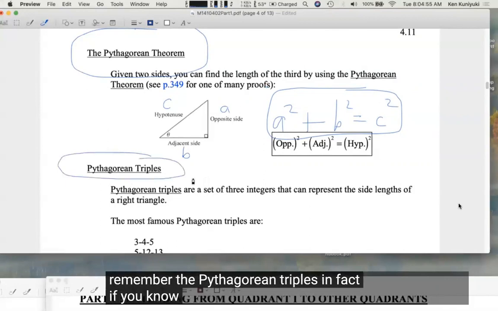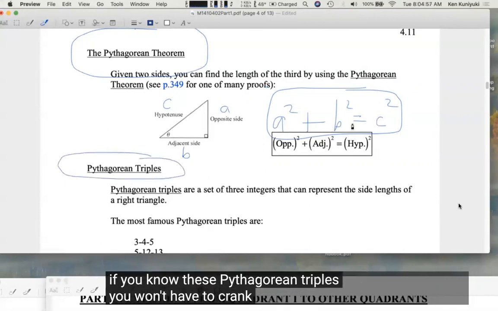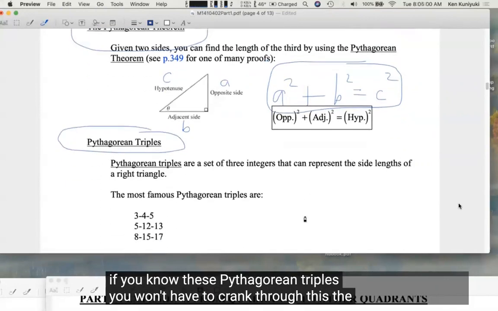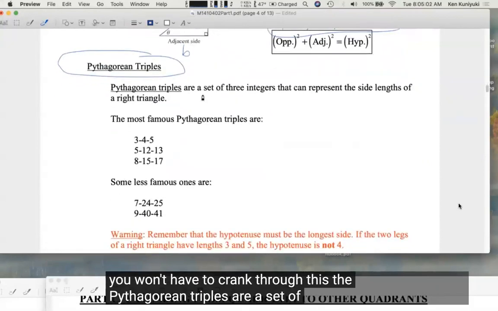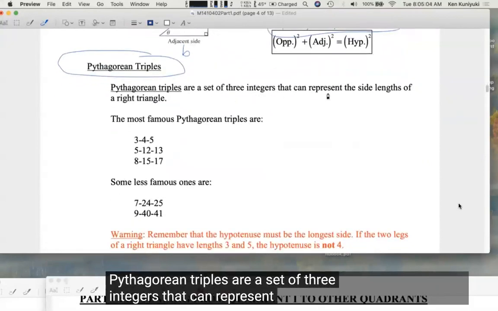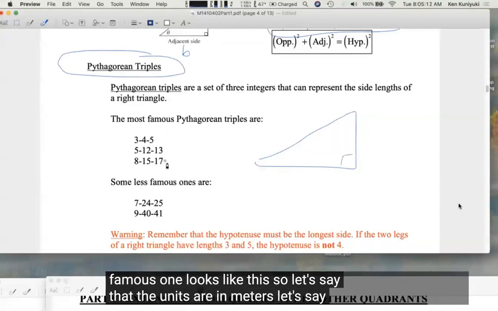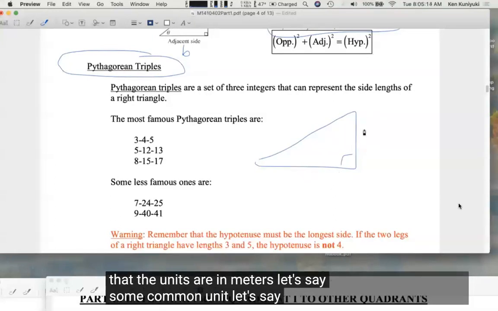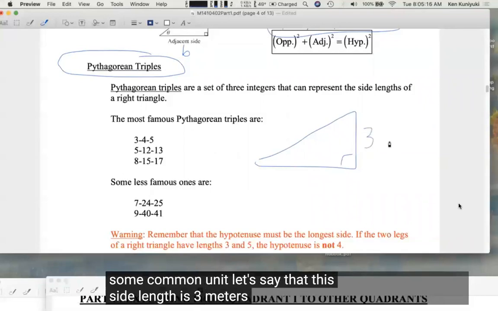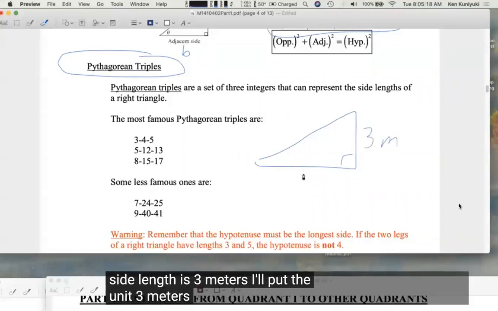In fact, if you know these Pythagorean triples, you won't have to crank through this. The Pythagorean triples are a set of three integers that can represent the side lengths of a right triangle. The most famous one looks like this. So let's say that the units are in meters, some common unit. Let's say that this side length is 3 meters. Let's say this side length is 4 meters.